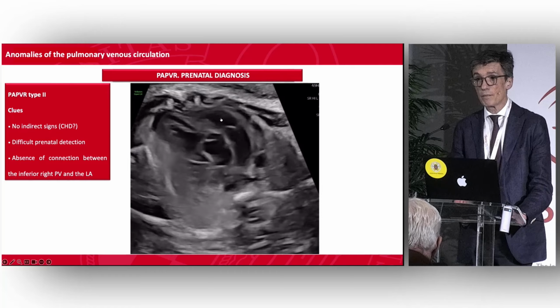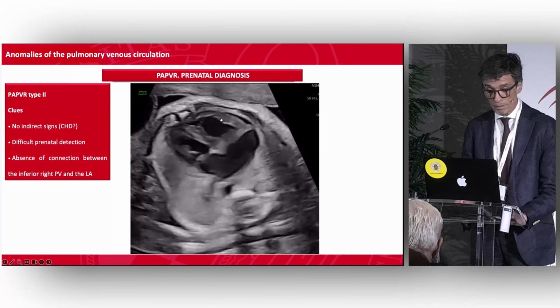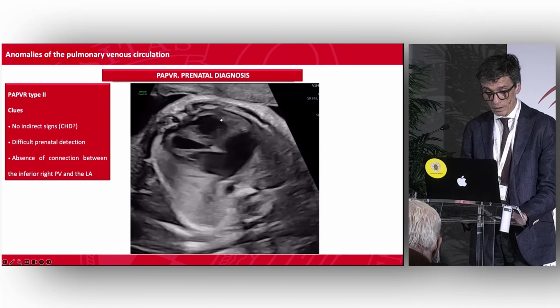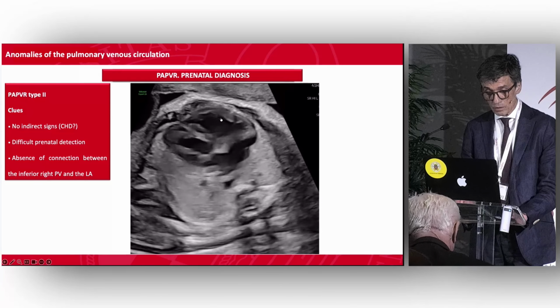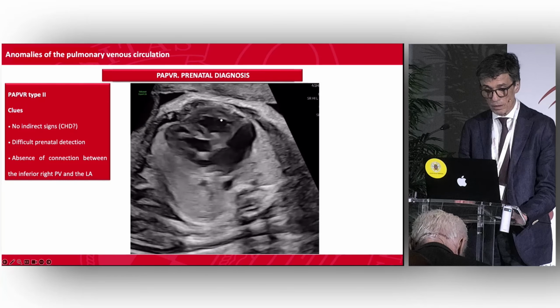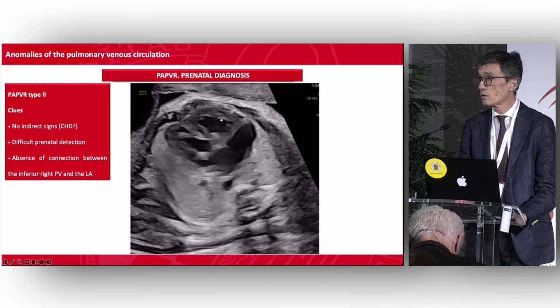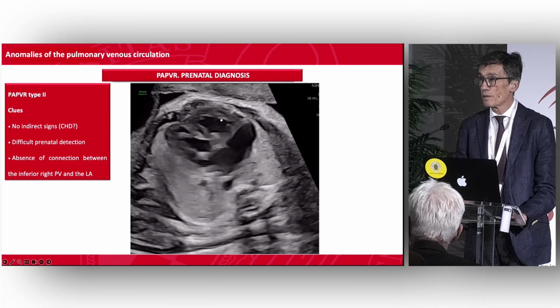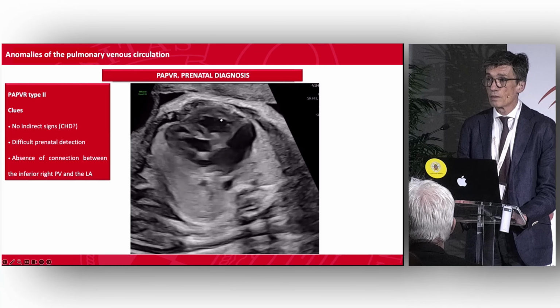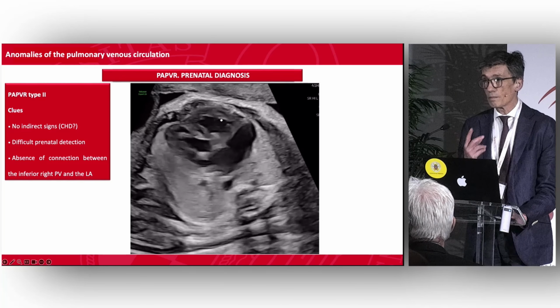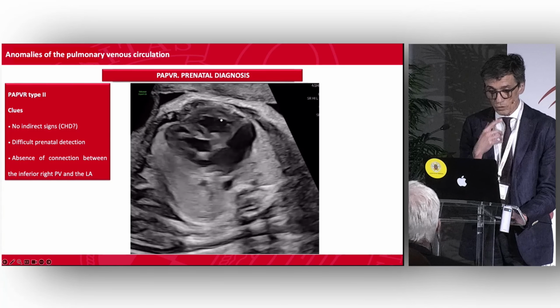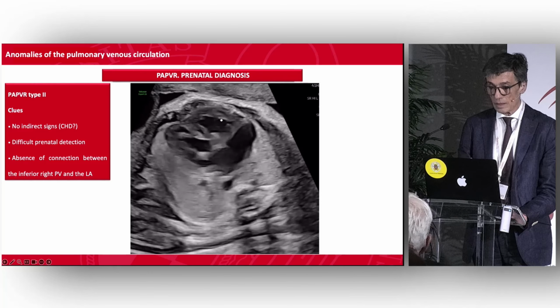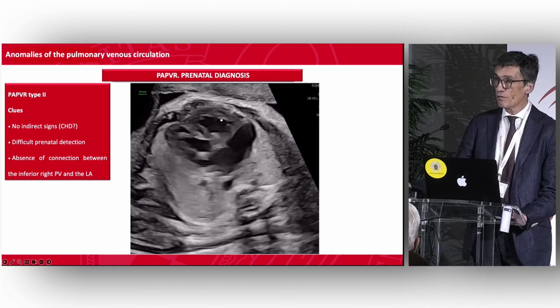This is apparently a simple type of transposition of the great arteries, but you know which is the most difficult cardiac defect to diagnose? Which is the most difficult one? The second one, because more often when you see one defect, you don't think that there can be another defect associated.